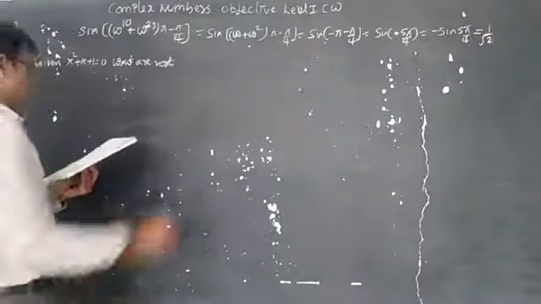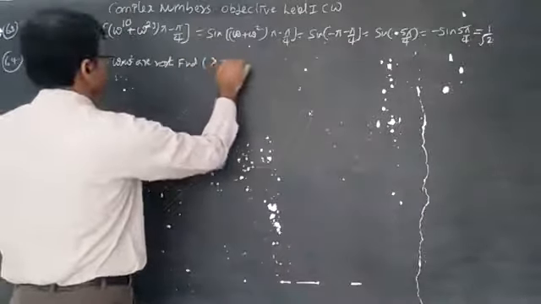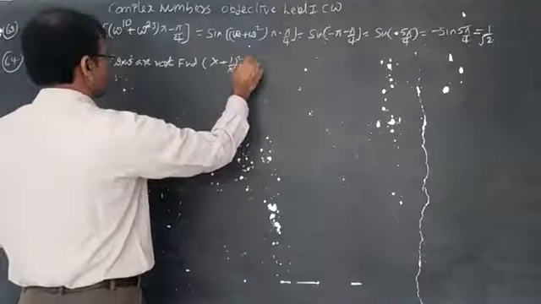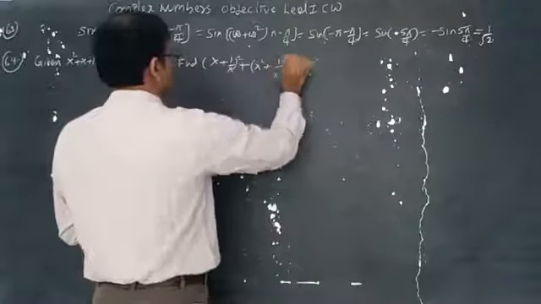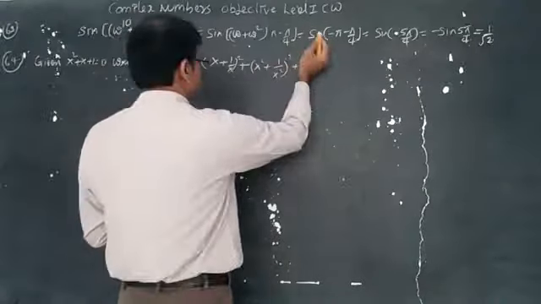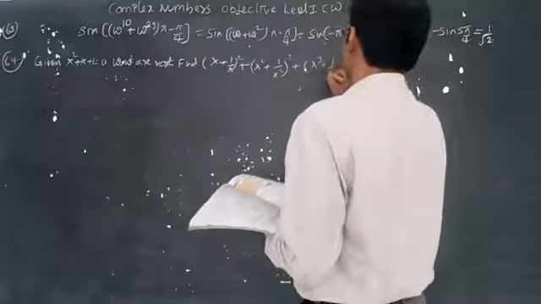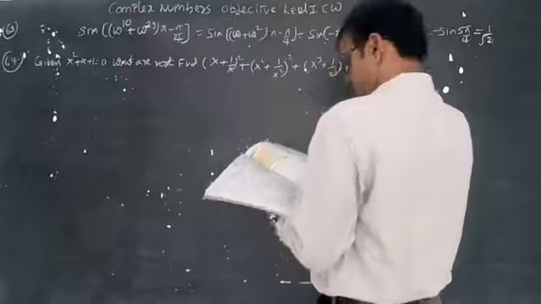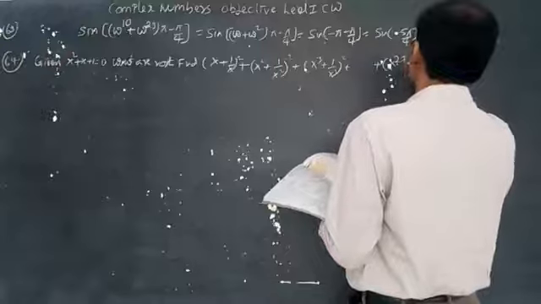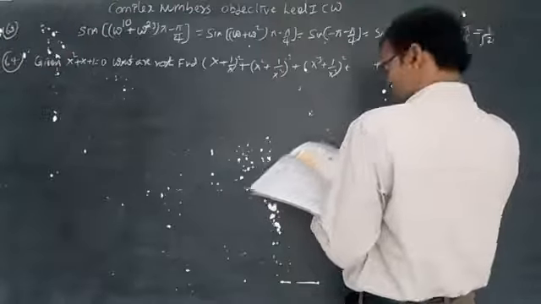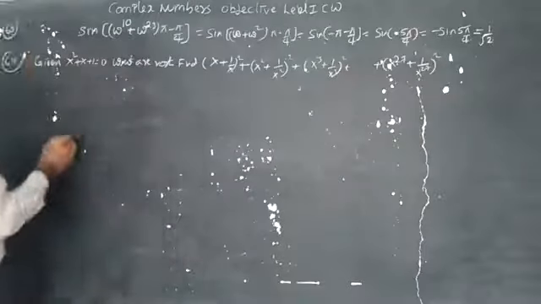Find (x plus 1 by x) whole square plus (x square plus 1 by x square) whole square plus (x cube plus 1 by x cube) whole square, and so on until (x^27 plus 1 by x^27) whole square. So 27 terms are given.